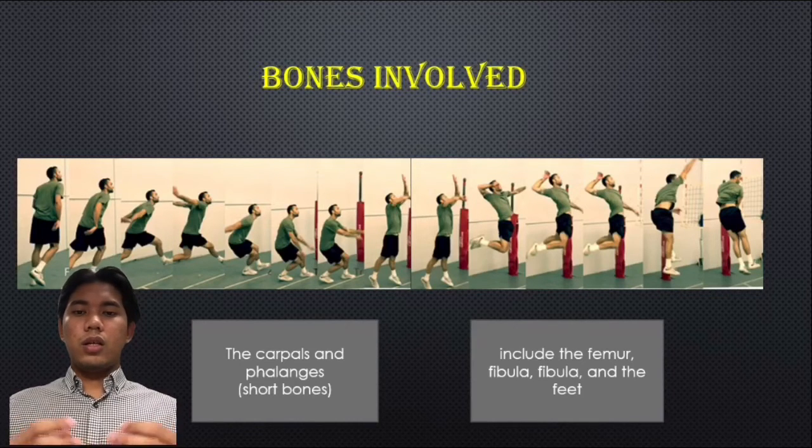The patella is a sesamoid bone that connects the aforementioned bones. The action also requires the vertebrae, which are irregular bones, as they give the body structure to perform the volleyball spike.